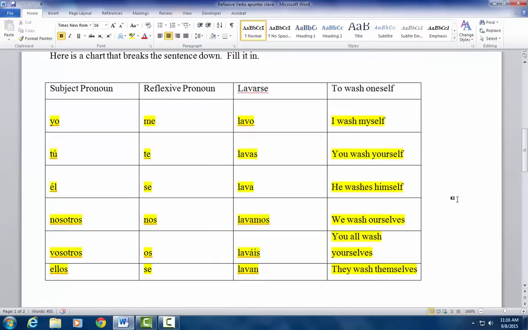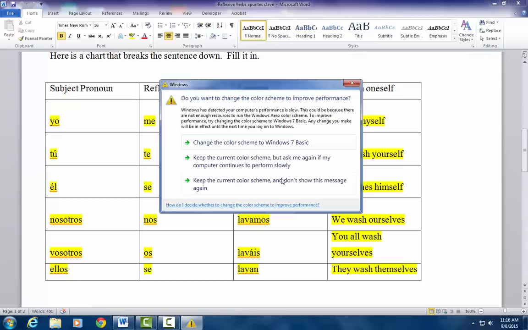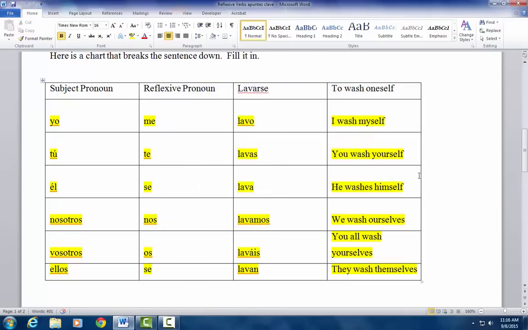If the subject pronoun is yo, the reflexive pronoun is me. Lavarse would go to lavo, and to wash oneself, the conjugation then is, I wash myself. Now, technically you don't need the yo in front. Most people would just say me lavo, but it's just here right now to show you the full agreement.